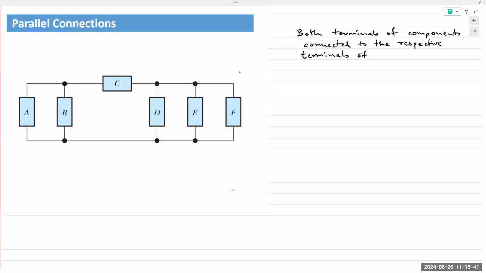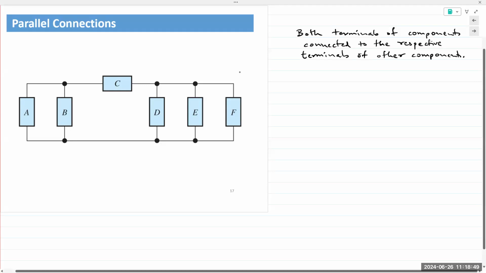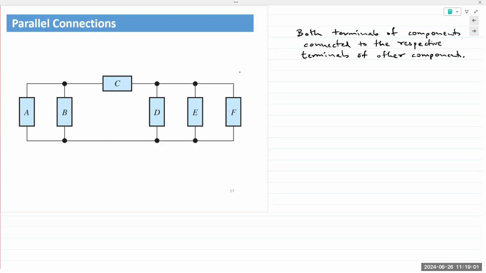In this case, if we take a look at A and B, both have two terminals. They are connected together at the top and at the bottom. And if both terminals of components are connected together without a break, they are connected in parallel. So A and B are in parallel.